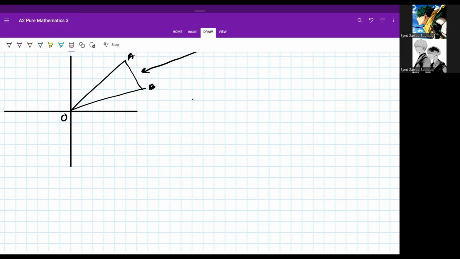Let's say there is a point in this line.